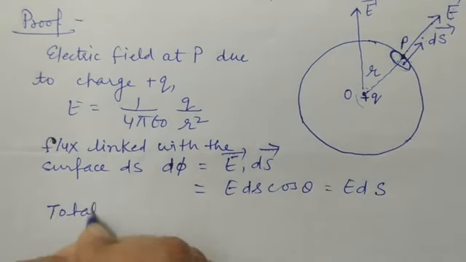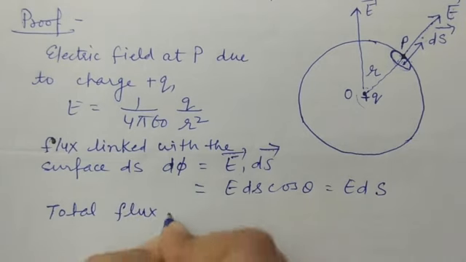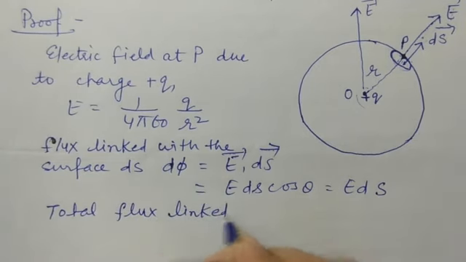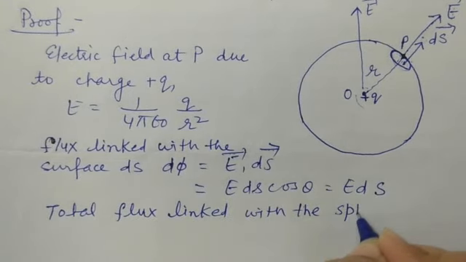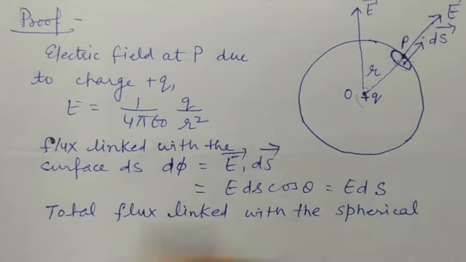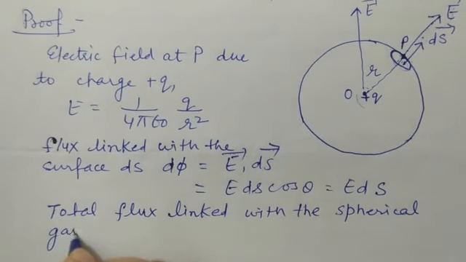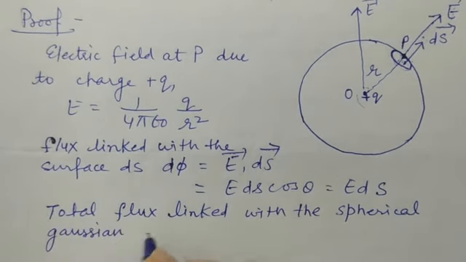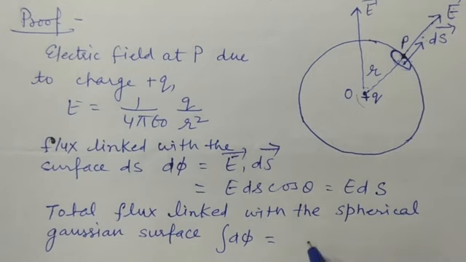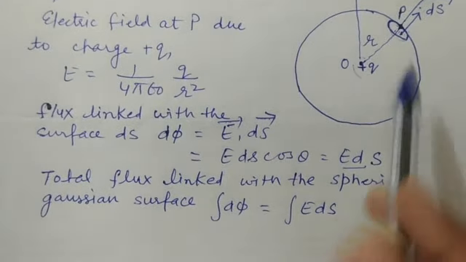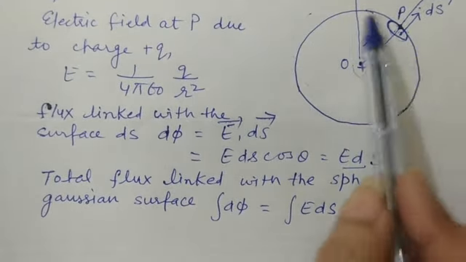Now the total flux linked with the spherical Gaussian surface, for that we'll integrate this d phi, that is equal to the integral of E ds over the spherical body.